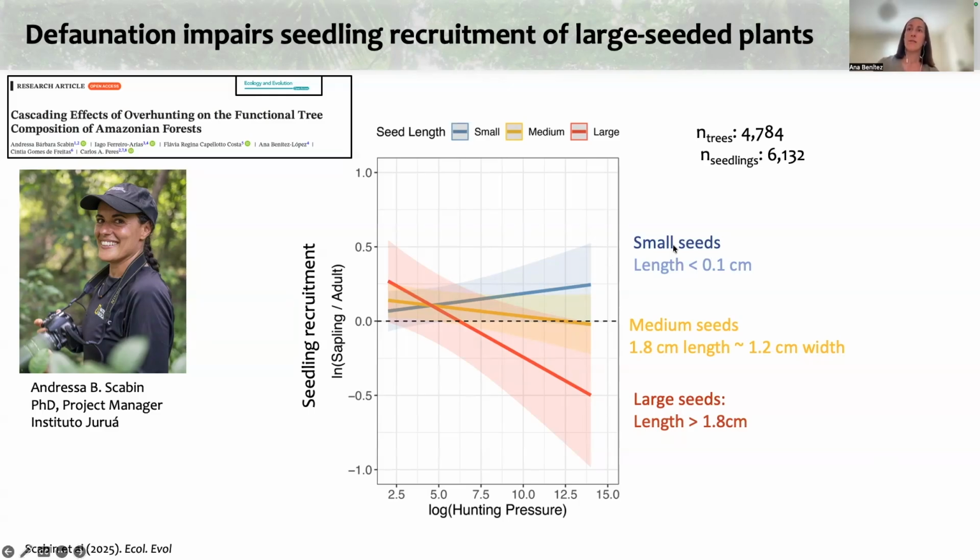For small-seeded or medium-seeded plant species, they are able to recruit in relation to the composition of adults. But we see that recruitment is being impaired mostly for the large-seeded plant species. So indeed, these patterns of defaunation and less mammalian biomass are also having consequences for the recruitment of large-seeded plant species.